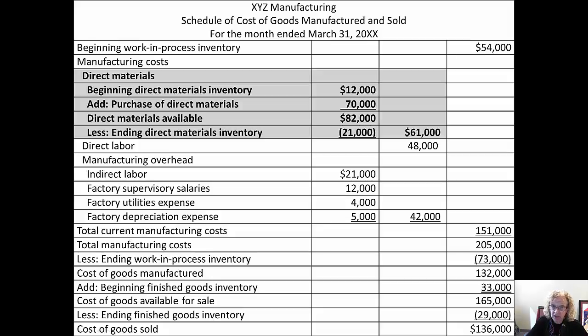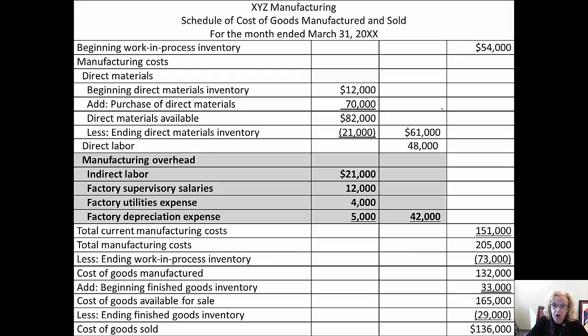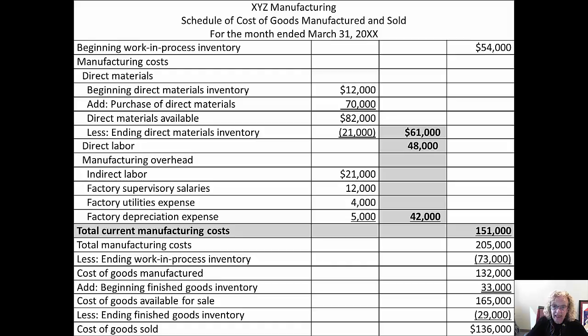Now, to the materials, we can add our labor and we can add our overhead. Altogether, our materials, our labor, and our overhead equals $151,000 worth of current manufacturing costs.